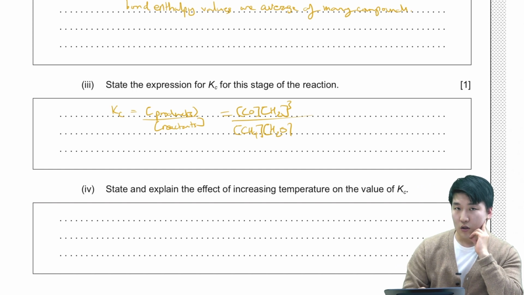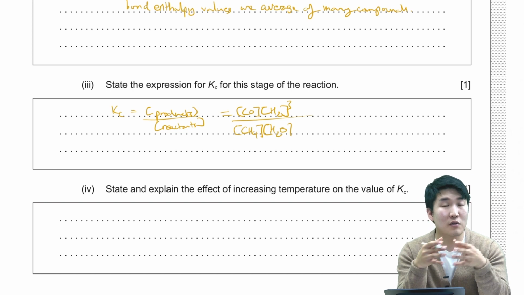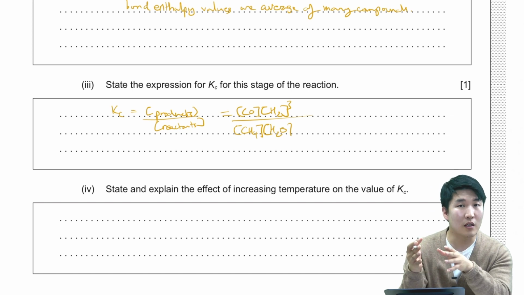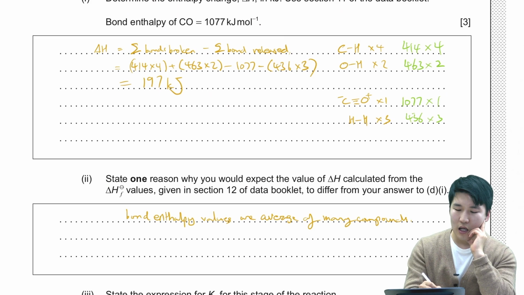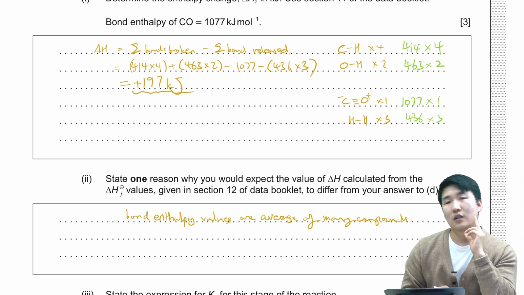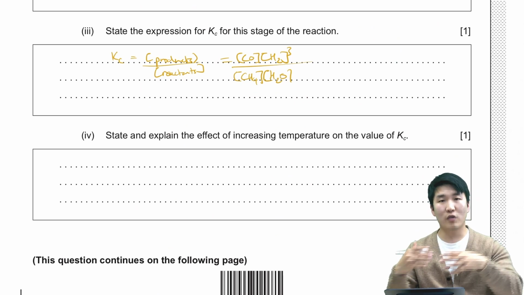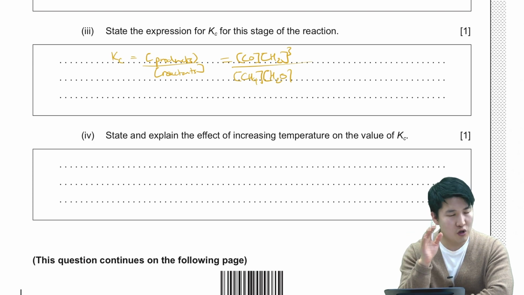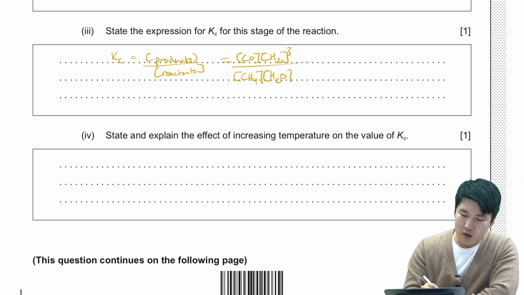Increasing temperature will be counteracted by decreasing temperature, which can be achieved by favoring the endothermic direction, which happens to be the forward reaction, as we have worked out the delta H to be a positive value. The forward reaction being favored will shift the position of equilibrium to the product side. More products, Kc value increases.